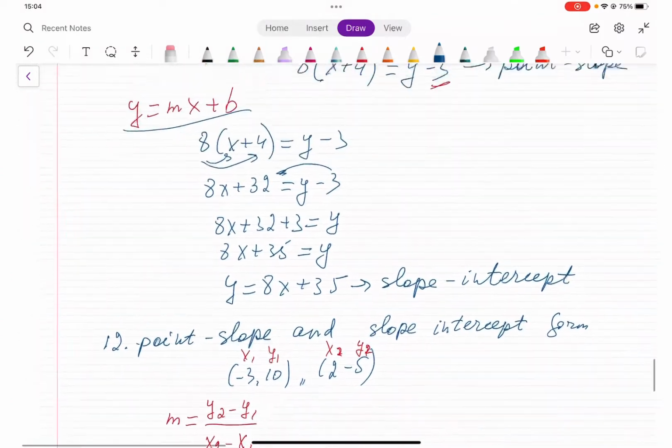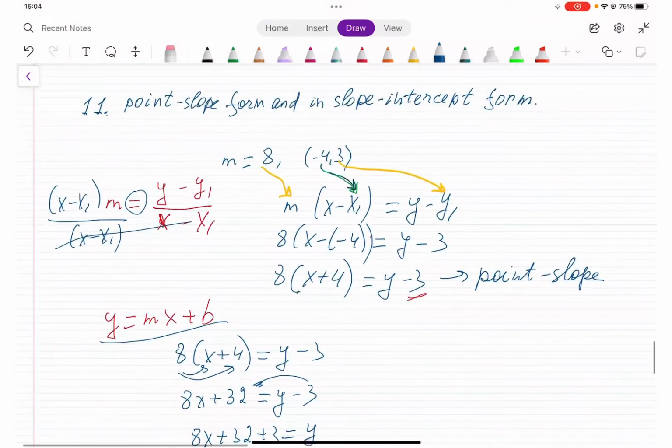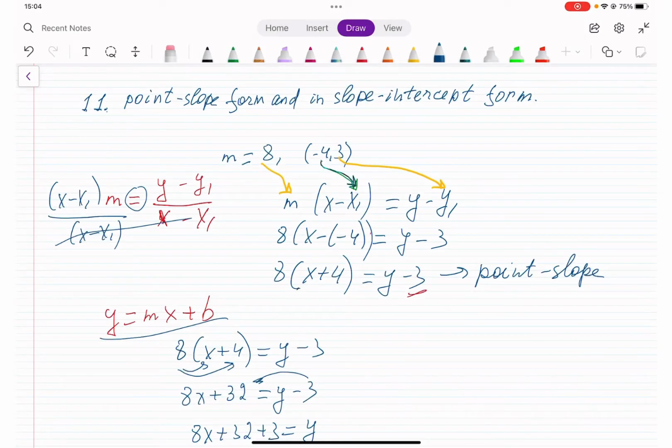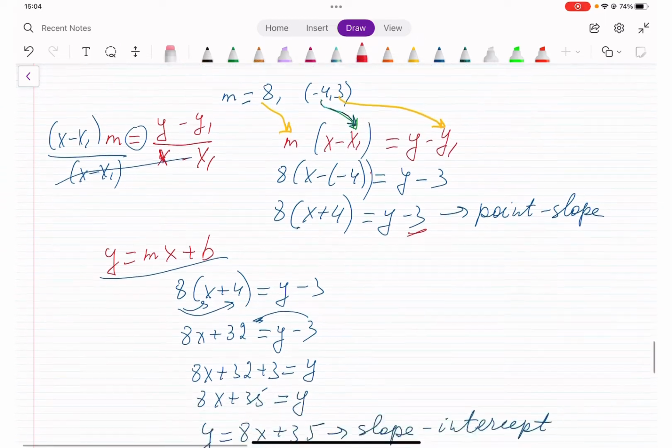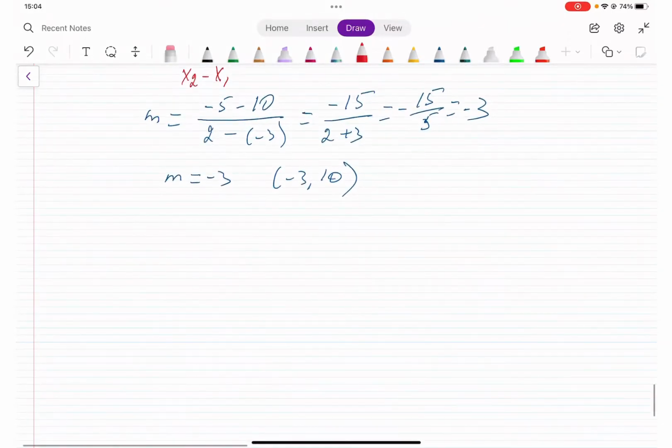We need to write in the format m times x minus x1 is equal to y minus y1.